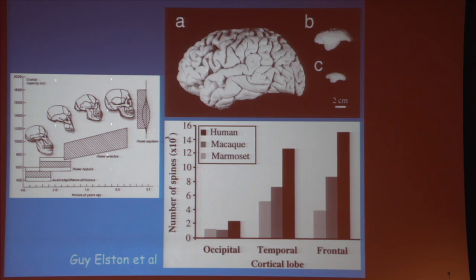But then, contrasting human with monkey and marmoset, which of course differ by at least an order of magnitude in terms of number of units and/or volume of the cortex, they also differ by maybe around a factor of 2 between human and macaque in terms of the number of connections per pyramidal cell.